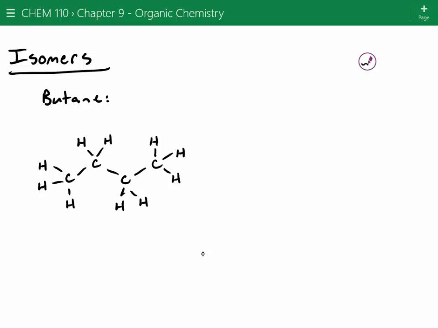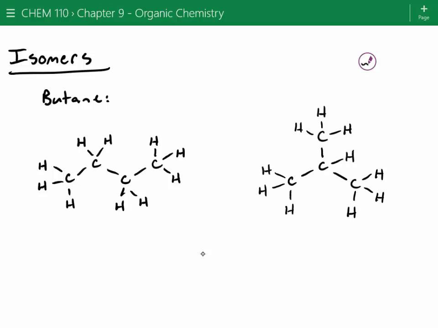But here's the curveball. What if we have the carbons arranged differently? We still have 4 carbons in each of them, right? So if we look at the molecular formula, we've got C4, and then we've got 3, 6, 7, 8, 9, 10.